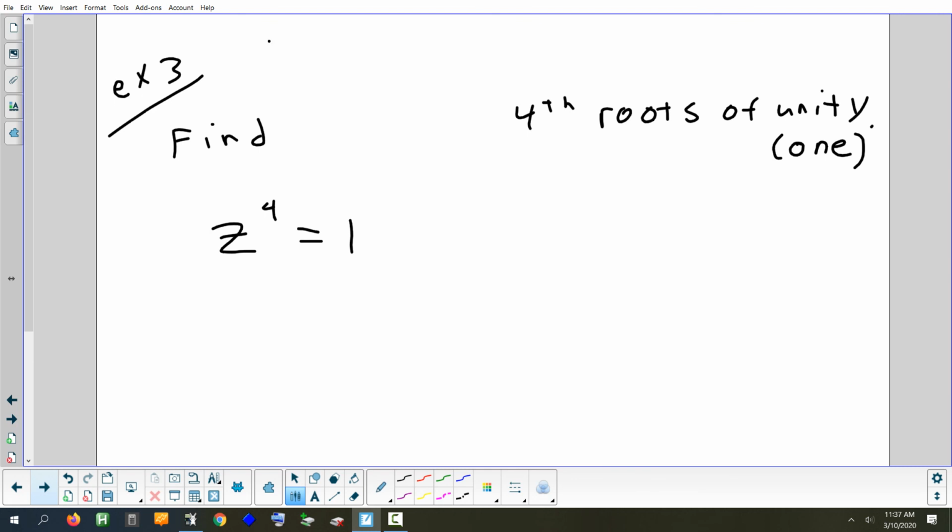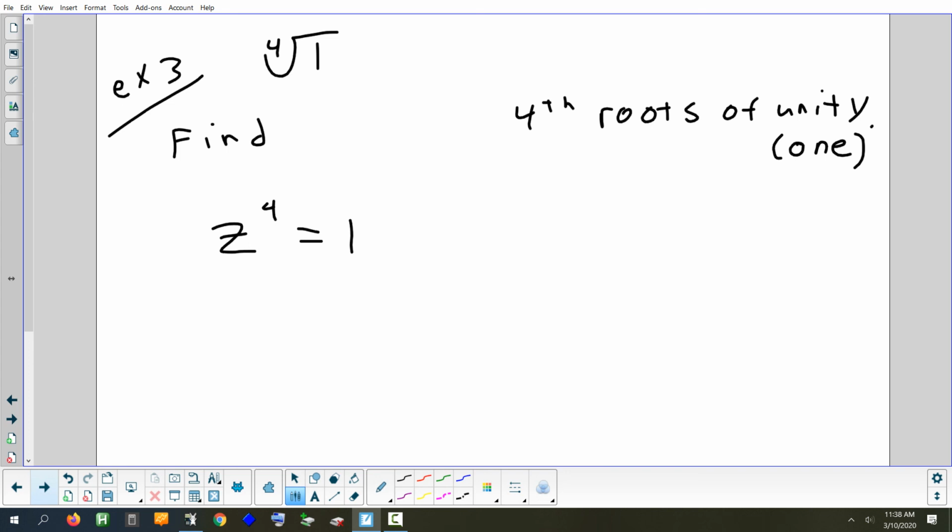So I want to solve this problem. If you ever see it written as the word unity, unity means 1. It's just another way that our book says it sometimes. Okay, so find the fourth roots of 1.